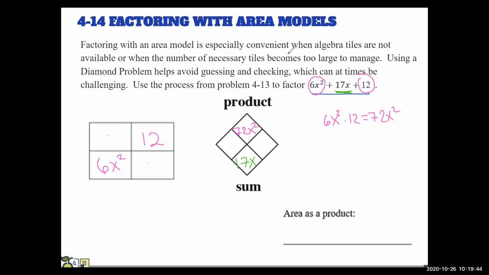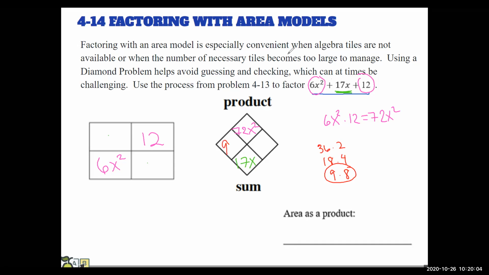And so we think about ways to make 72. I can multiply to be 72 using 36 times 2. I can use 18 times 4. I can use 9 times 8. And look at that, 9 and 8 would make 17 if we added them.